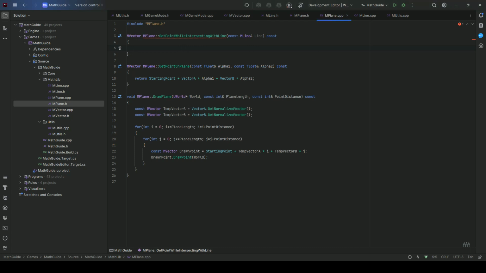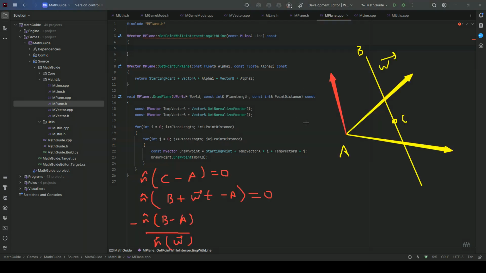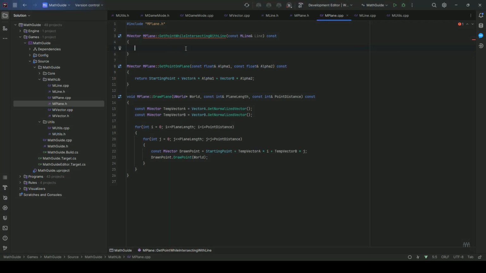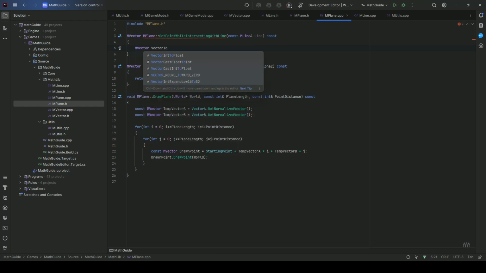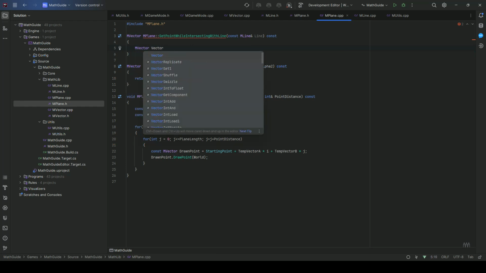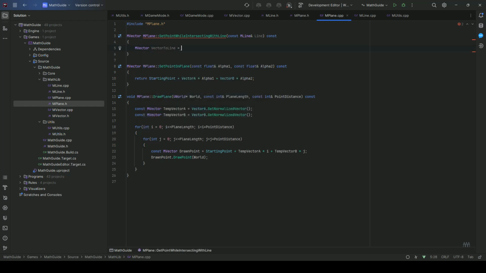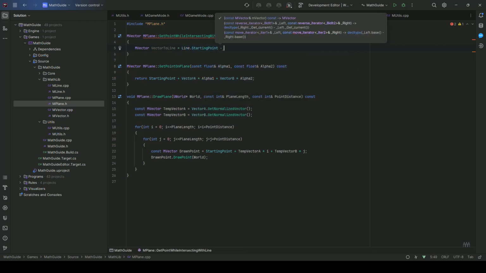So the first thing which we did was to have the vector. So let me draw that thing out quickly. So first we need to calculate b minus a. B is the starting point of the line and a is the starting point of our plane, right? So what I will do will be vector to line, which will give you line dot starting point minus starting point.